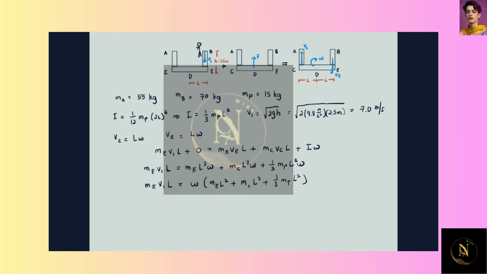Solving for omega, omega is equal to ME V1 all over L times (ME plus MC plus 1/3 MP). So that's our expression for omega.